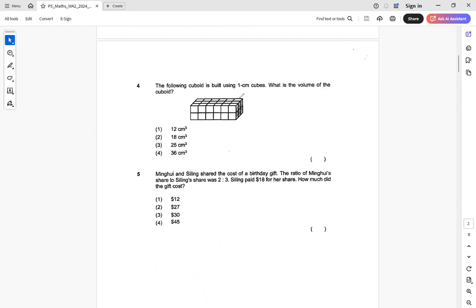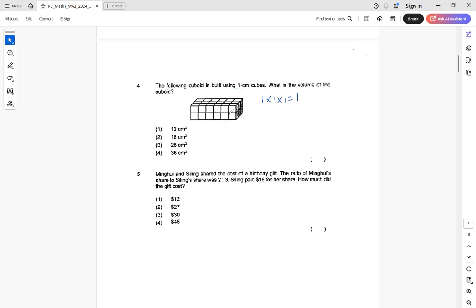So here, 1 cm cube, the volume of 1 cm cube is just 1 times 1 times 1. Length, breadth, height is all just 1 cm, so that will still be 1. So in order to find the volume of the cuboid, let's just count the total number of cubes. The easiest way is to find out the length, breadth, and height, then multiply together.